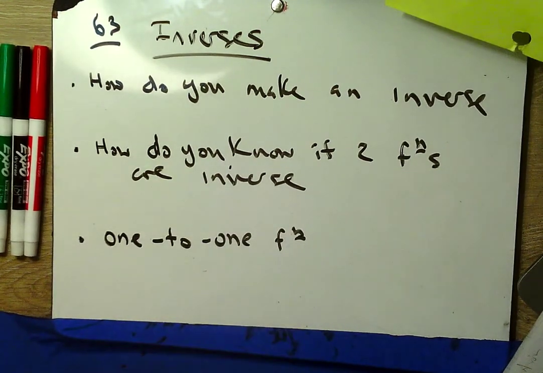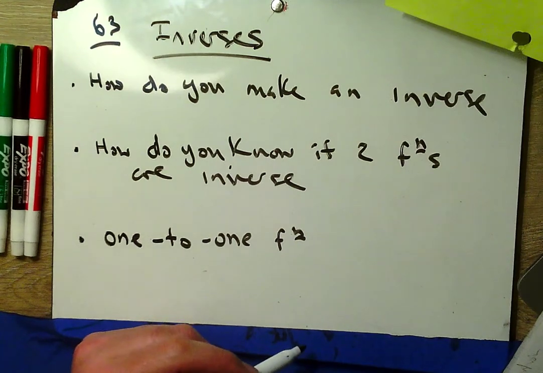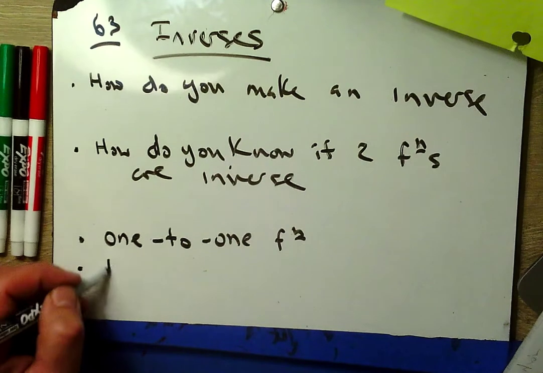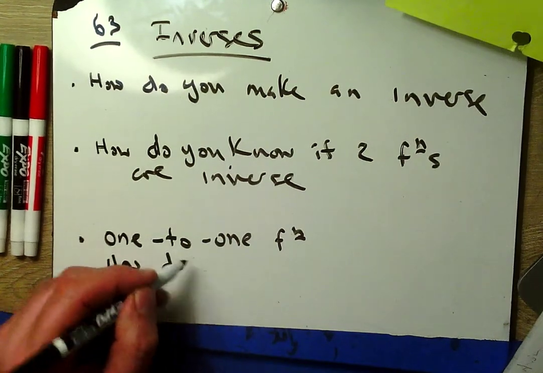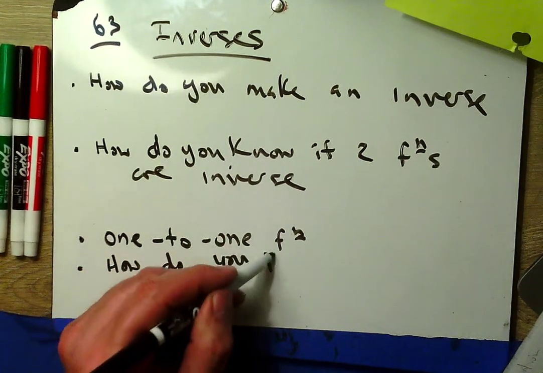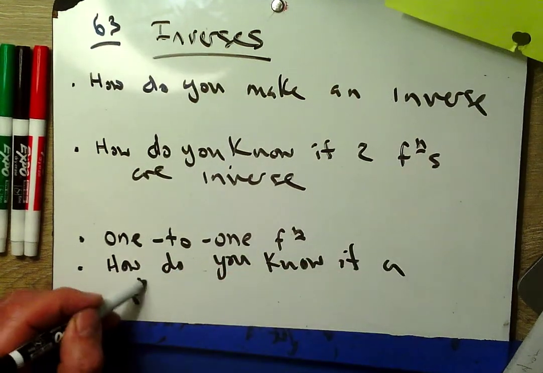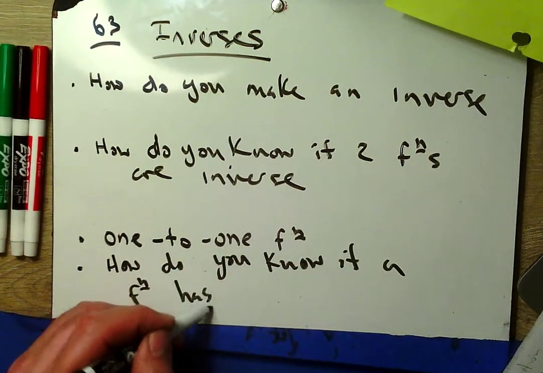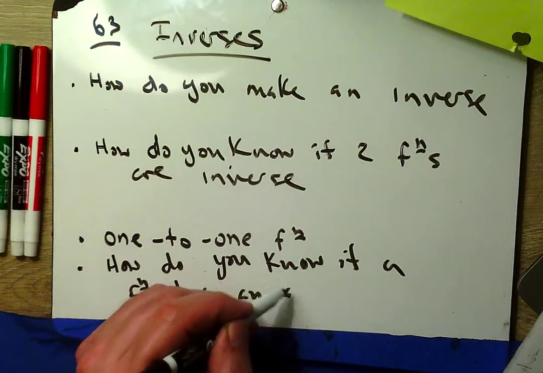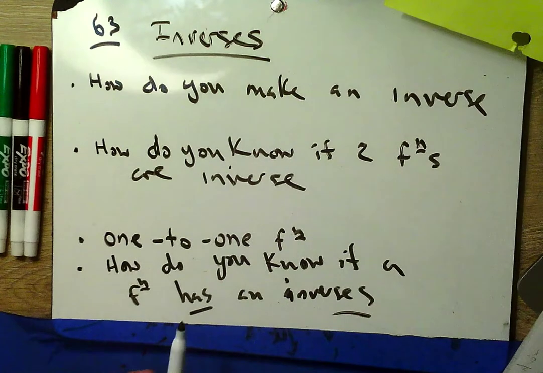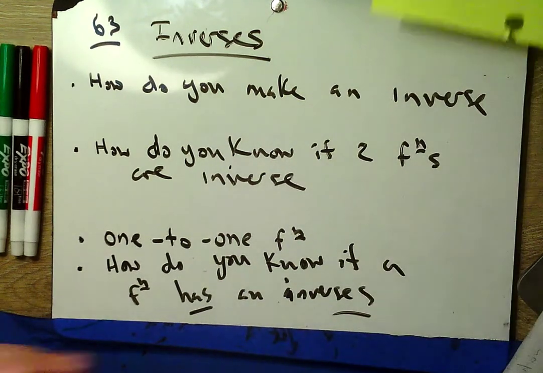If a function is one-to-one, what does that mean? And how do you know if a function has an inverse? Not all functions have inverses. Okay? All right, so these are the things that I'd like to look at with you in today's video.